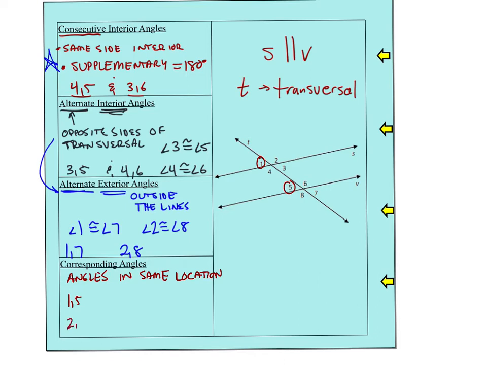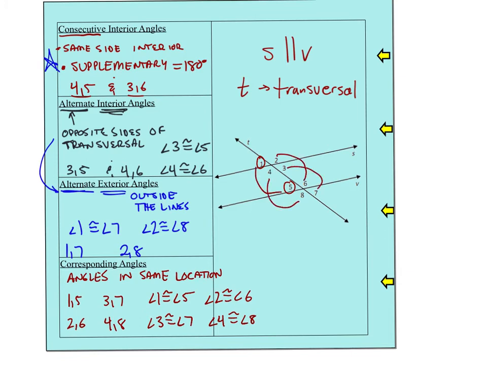So you have 2 and 6, 3 and 7, and 4 and 8. There are four pairs there, and they are going to be congruent. So angle 1 congruent to angle 5, angle 3 congruent to angle 7, angle 2 congruent to angle 6, and angle 4 congruent to angle 8. It's very important that you be able to recognize these pairs of angles.